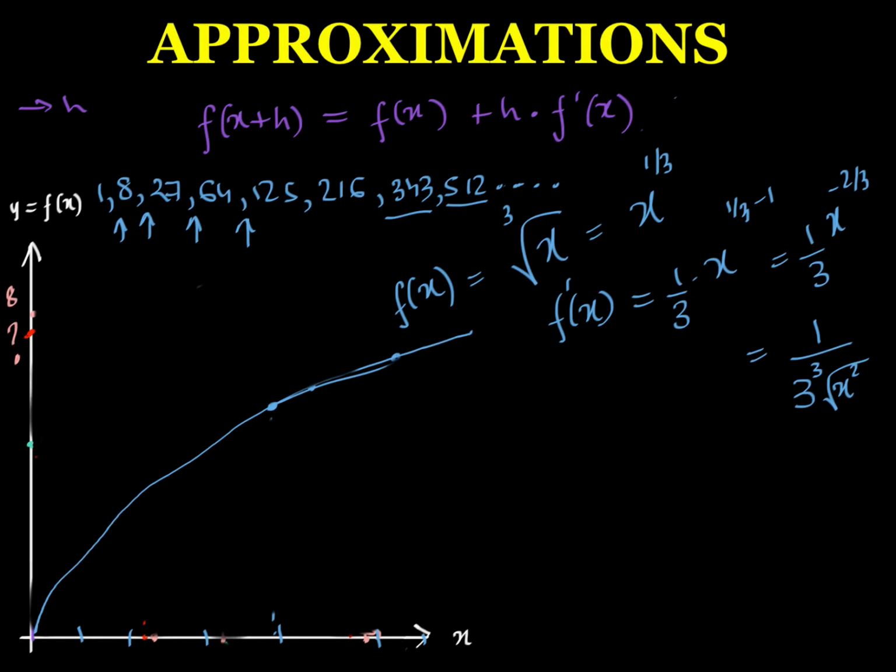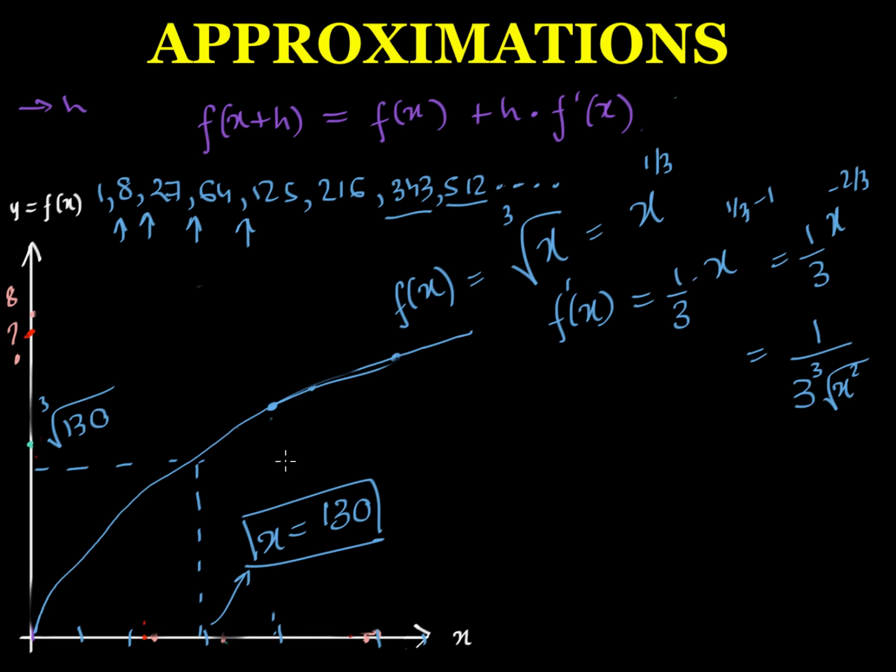Let's generate a random number, say 130. So if you have x equal to 130 over here, we need to find the cube root of 130. And we know that 125 is a value near that.